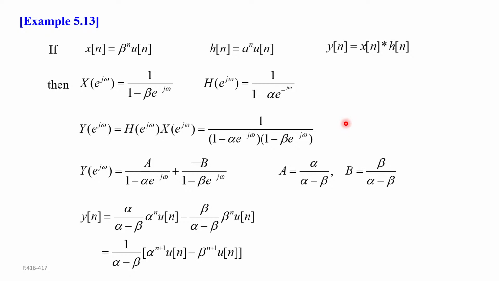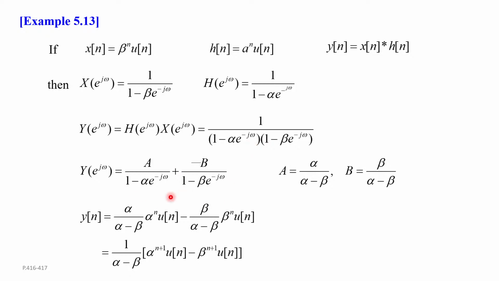If you do a little more scaling, you can get this back to the partial fraction expansion form. But you can also just write it in this form: a over 1 minus alpha e to the minus j omega, plus b over 1 minus beta e to the minus j omega.